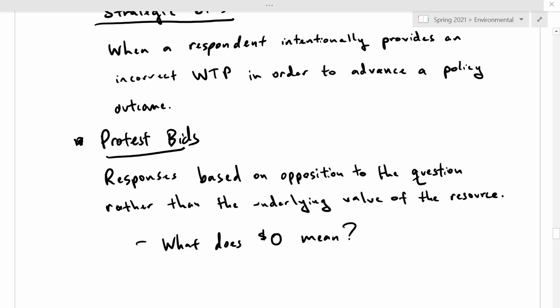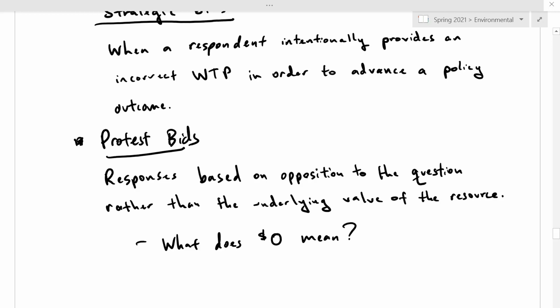It could also mean I am a super environmental activist. I love the wetlands tremendously, but I think that it is wrong or inappropriate to place a monetary value on it. Therefore, I put 0. So a 0 could mean a whole bunch of different things in a survey.